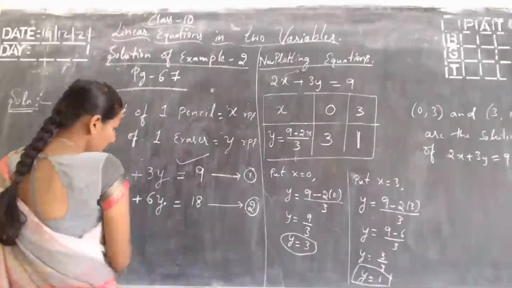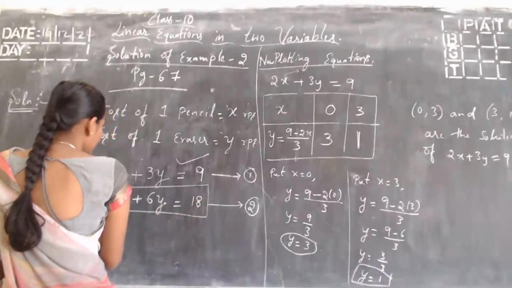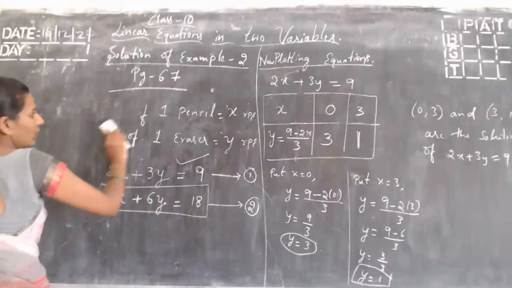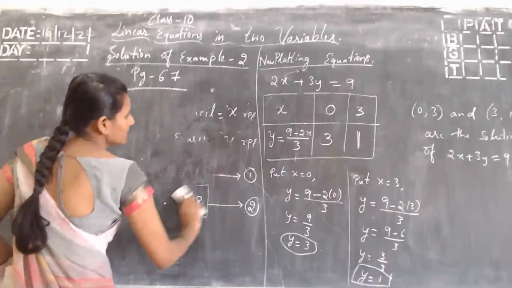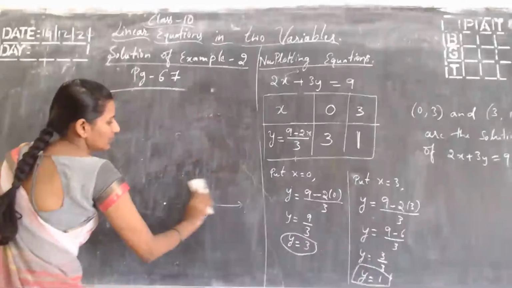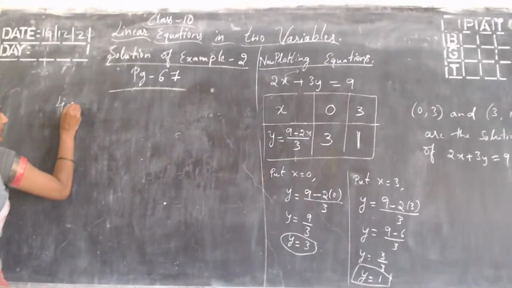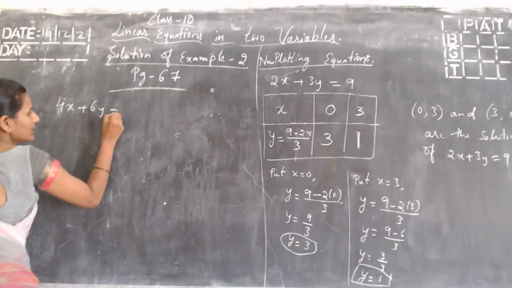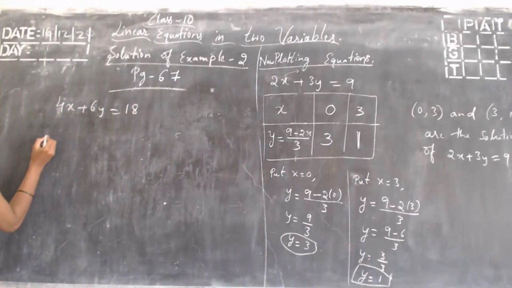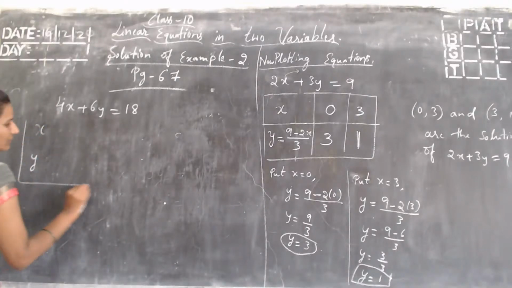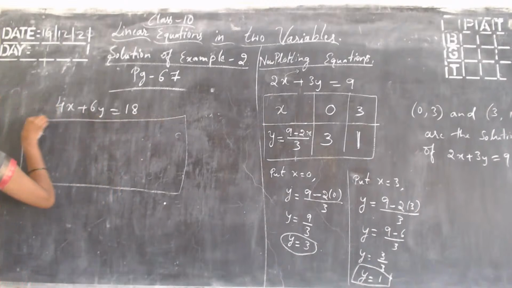Next, what we have to do? We have to solve 4x plus 6y is equal to 18. See here, 4x plus 6y is equal to 18. How do you solve? Similarly, put a table x, y. What is y here?